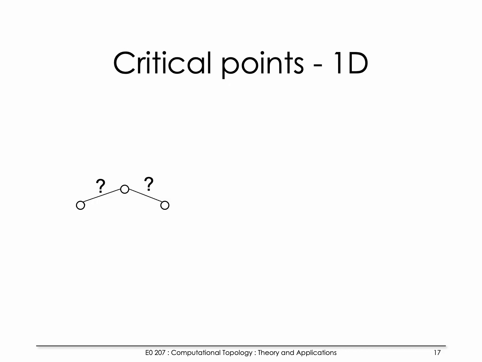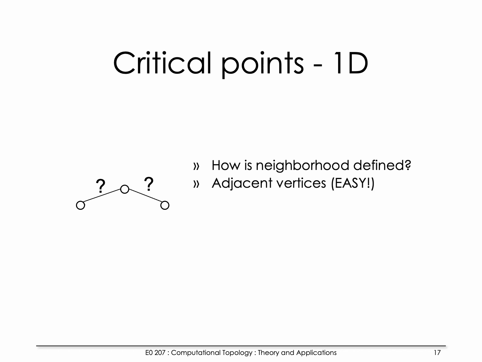A one-dimensional domain is a curve which could be represented or approximated by a piecewise linear curve. Let's look at a particular point on this piecewise linear approximation, namely a vertex. How is the neighborhood of this vertex defined? The answer here turns out to be easy. The adjacent vertices essentially constitute the neighborhood of this vertex.